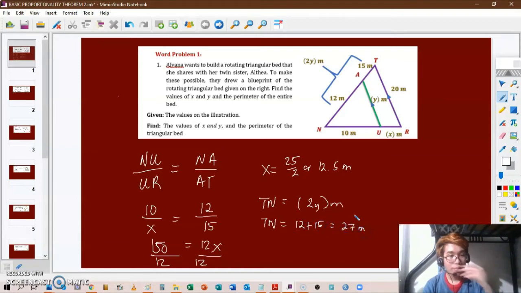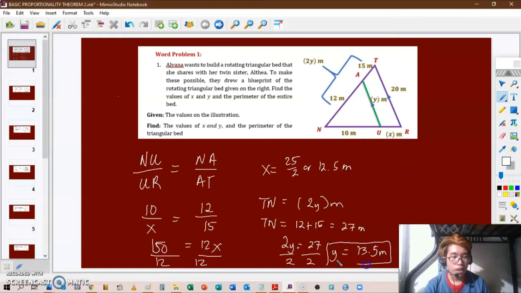Therefore y is equal to 27 divided by 2, or simply 13.5 meters.